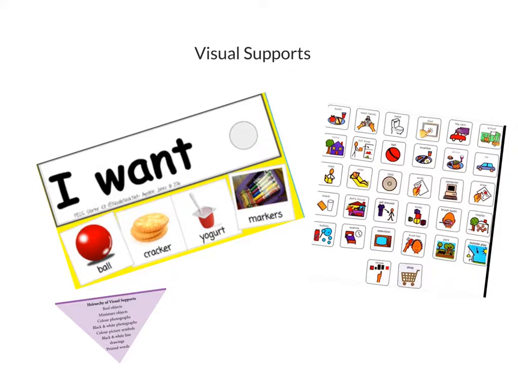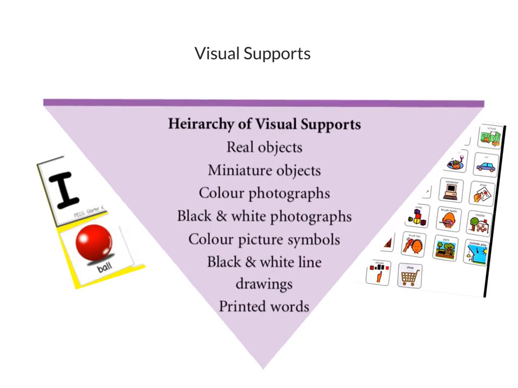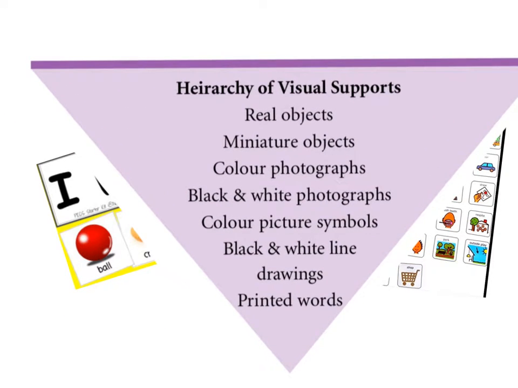And then lower down, in terms of support, are diagrams of an object that are color, then moving to black and white and printed word. So we see the hierarchy of visuals here. This comes from the effective educational practices for students with autism.